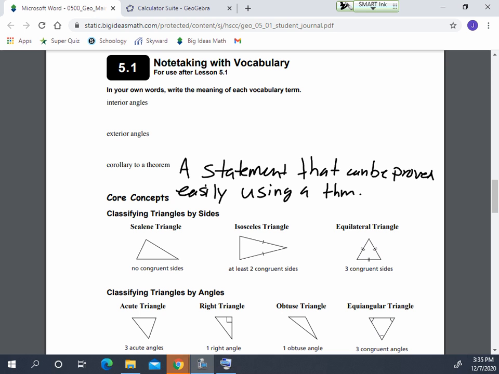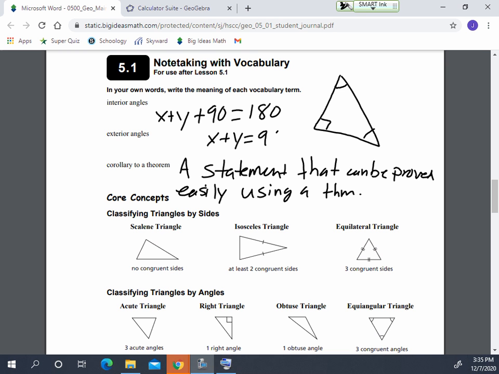The acute angles of a right triangle are complementary. So let's start with a right triangle. Let's say this is a right angle. Well, we know that all angles in this triangle have to equal 180 degrees, right? And we know that one angle is 90. So x plus y plus 90 is 180. Well, if we subtract 90 from both sides, we get x plus y is equal to 90.